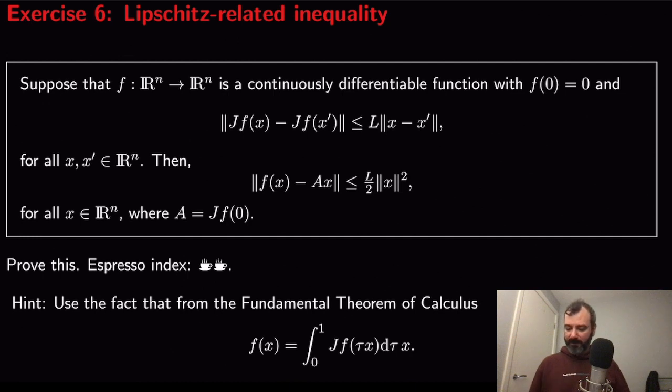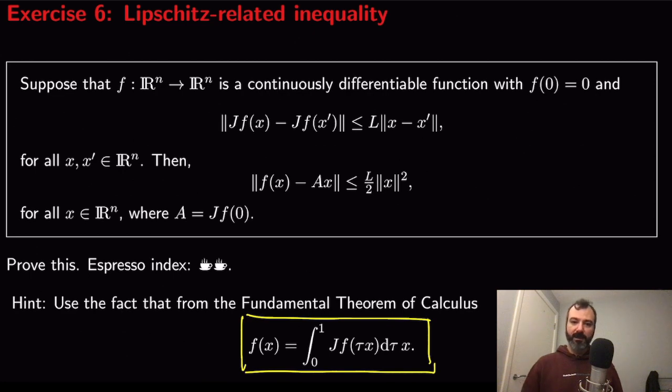So apply this hint. The hint says, use the fact that from the fundamental theorem of calculus, we can express f in terms of its Jacobian. So what you have to do is just substitute f and replace it by this integral, and then the result will be a lot easier.